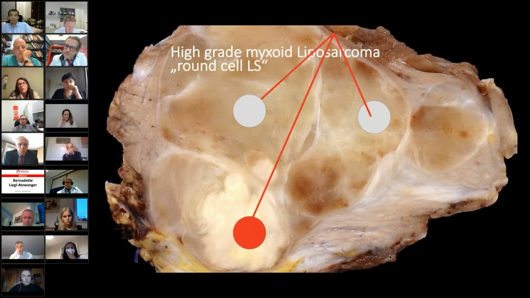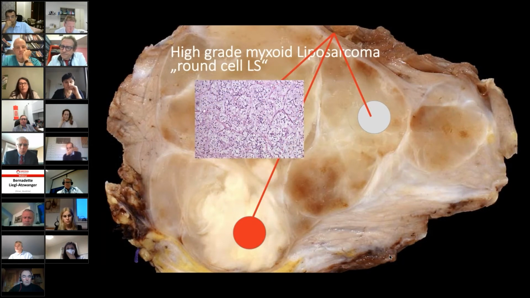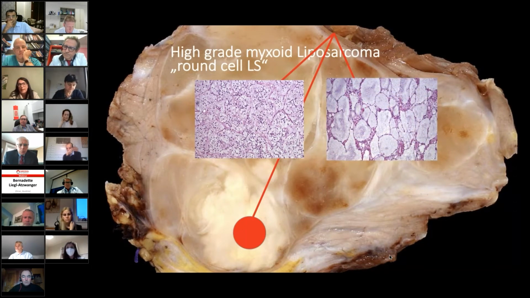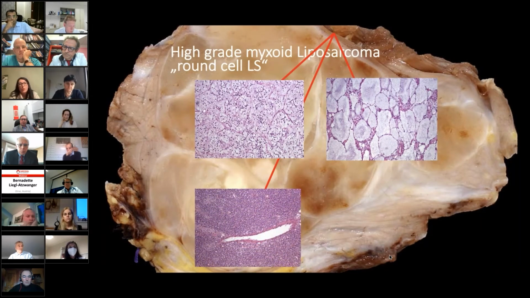All pathologists, I think, will agree that if we see this myxoid background with chicken wire vascular structures, and the pulmonary edema-like pattern, it is not a problem to see other areas with pure small round cell morphology. And we can also give the diagnosis of myxoid liposarcoma, high grade.